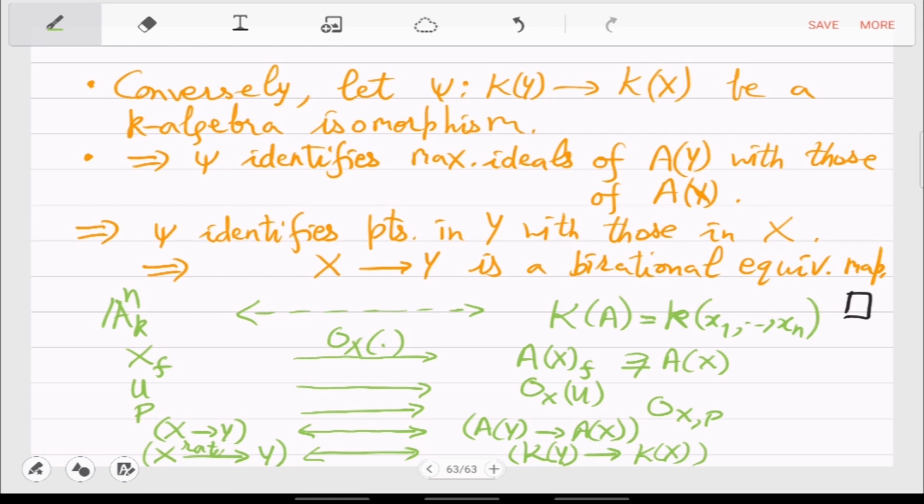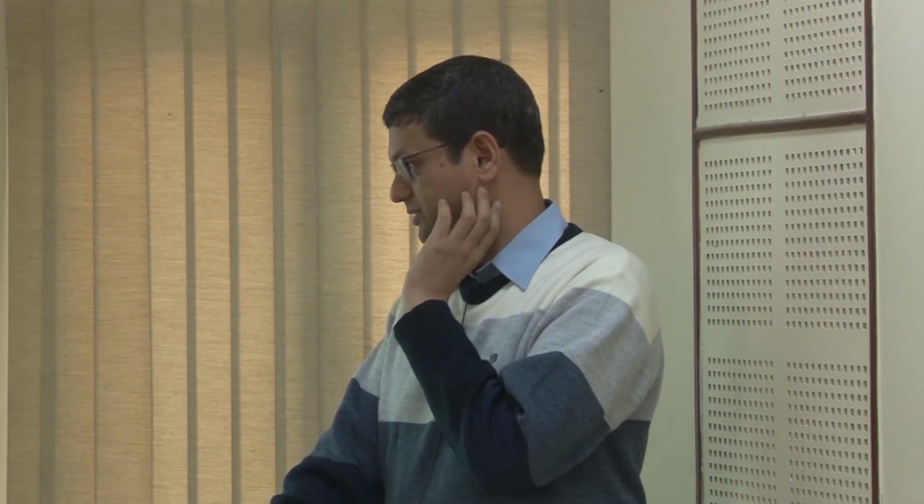So one nice, one kind of powerful property that we will now get because of this concept of birational equivalence or isomorphism of varieties is that every variety is isomorphic to a single polynomial equation.